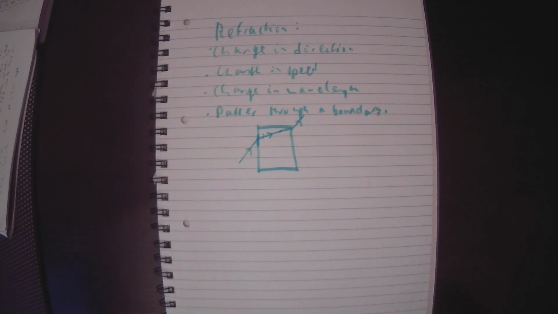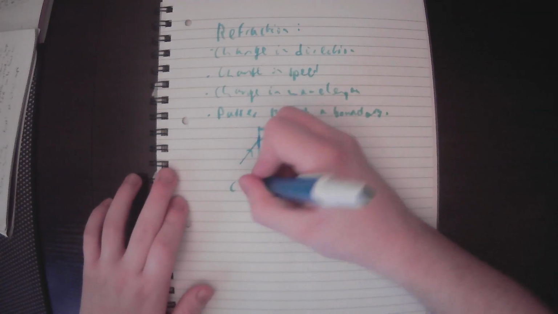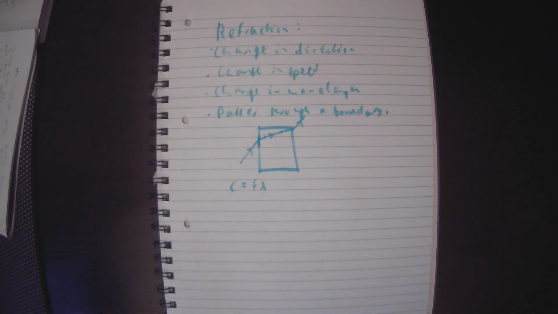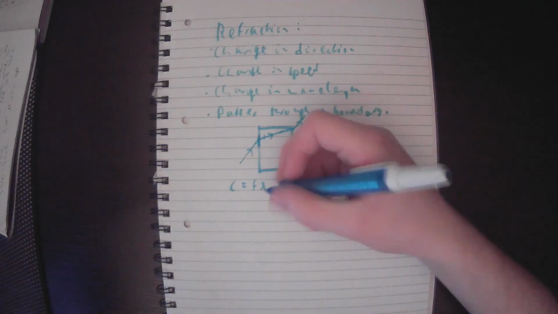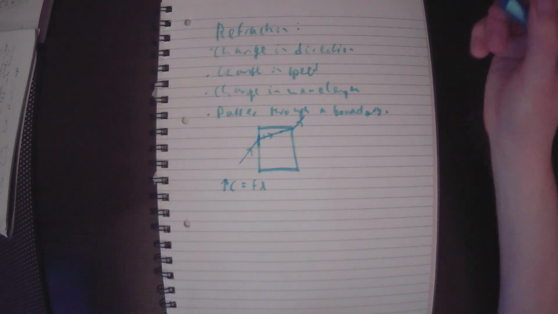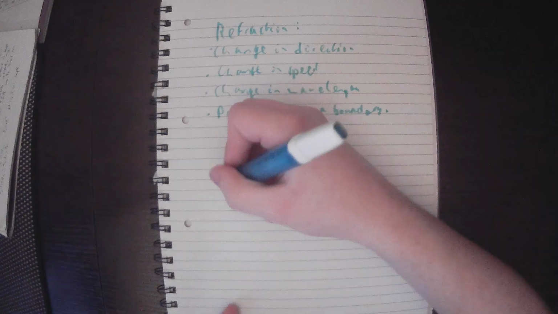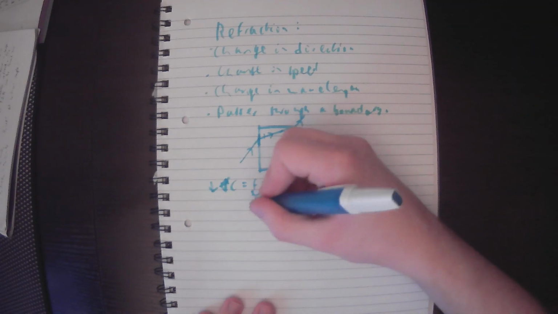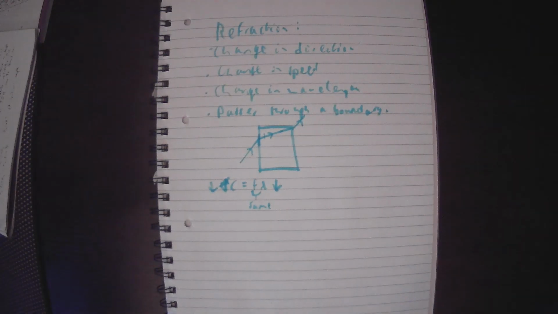So if we think about that in terms of our equation, c equals f lambda, speed of light equals frequency times wavelength, if the speed goes down and the frequency stays the same, then the wavelength must go down accordingly. So those are the ways to remember how waves interact when they refract.